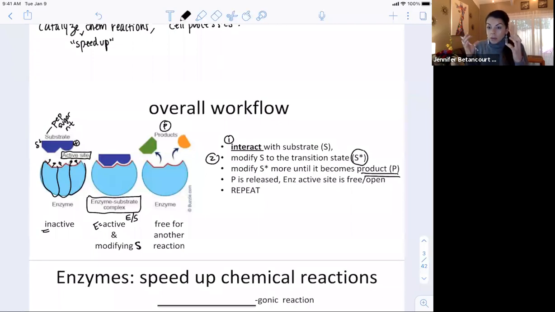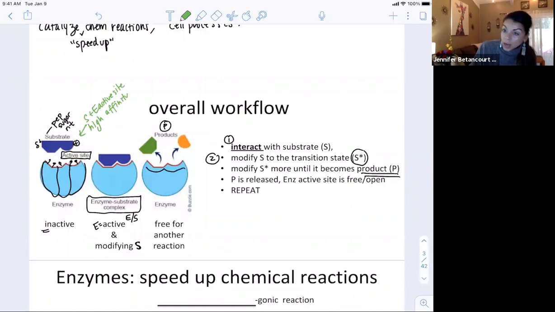Then once the product is made, the product doesn't have an affinity for the active site anymore. So here, different color. The reason why it interacts with the substrate is that the substrate and the enzyme, the active site specifically, have a high affinity.